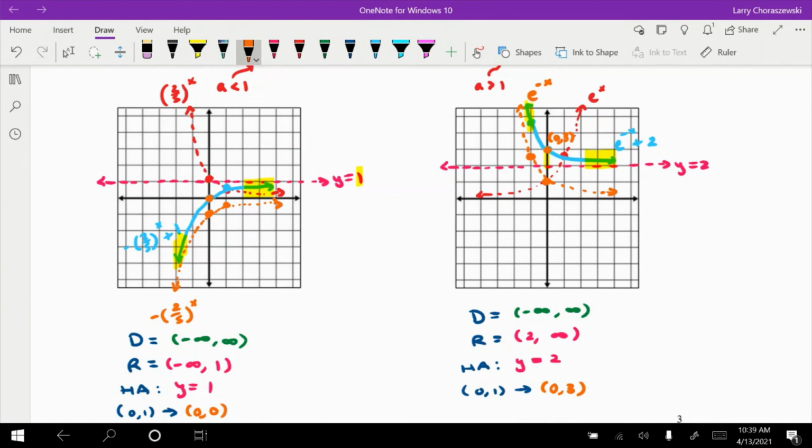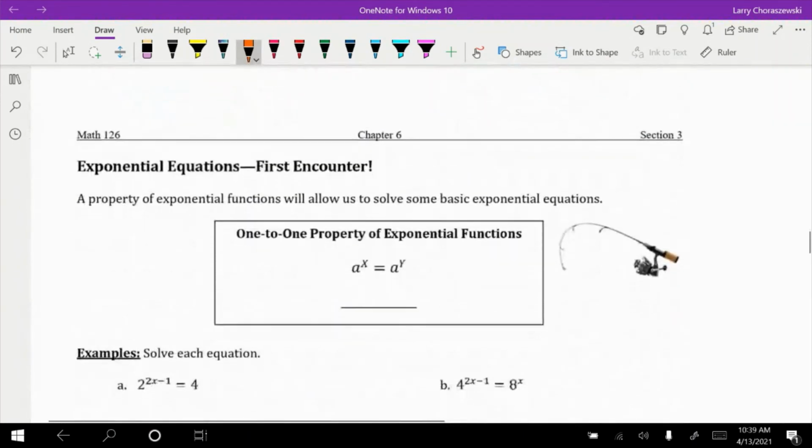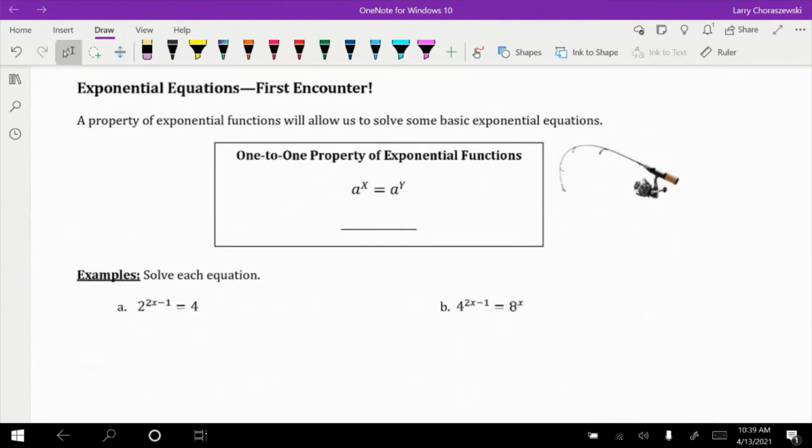All right, well, let's move on to our last topic in chapter 6.3. Any of y'all like to go fishing? If you do, this property is for you. In just a second, I'm going to introduce what I call the fishing lure technique.